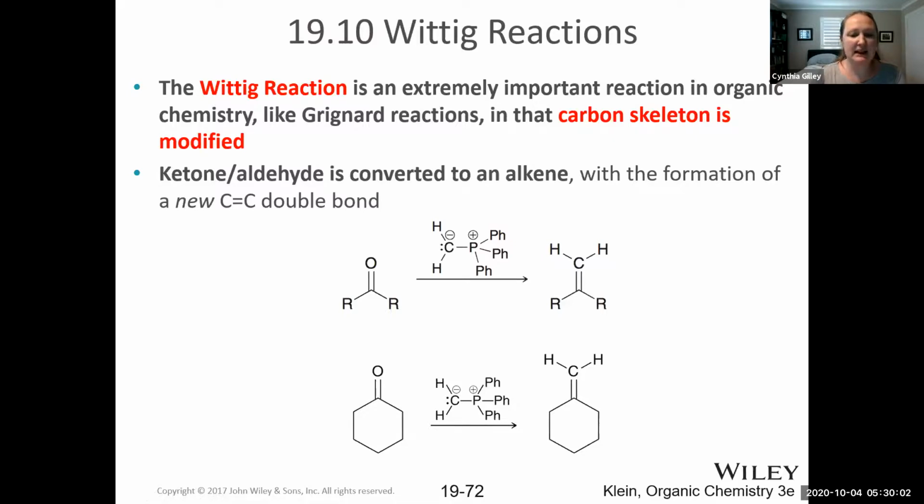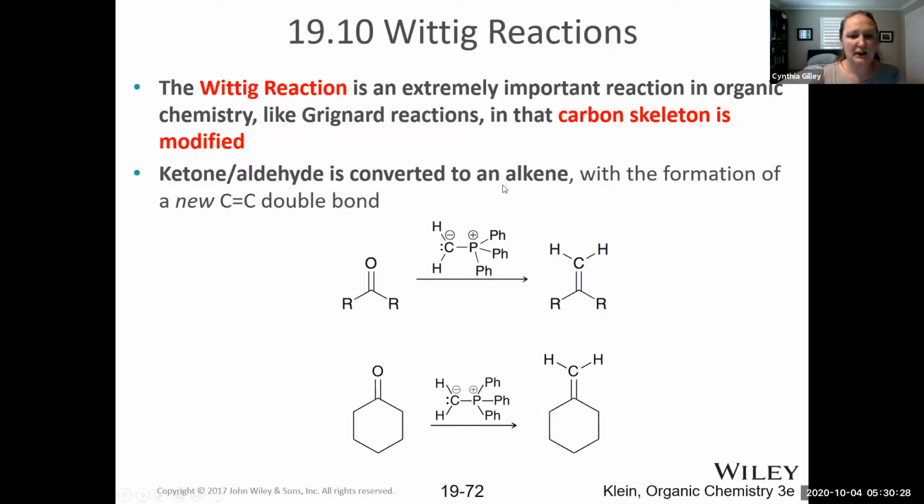And it's an extremely important organic reaction, it's a named reaction. It does form a new carbon-carbon bond, but even more specifically, it actually forms a new carbon-carbon double bond from a carbonyl and this ylide, also known as Wittig reagent. So the carbon skeleton is modified by the formation of the new carbon-carbon double bond.